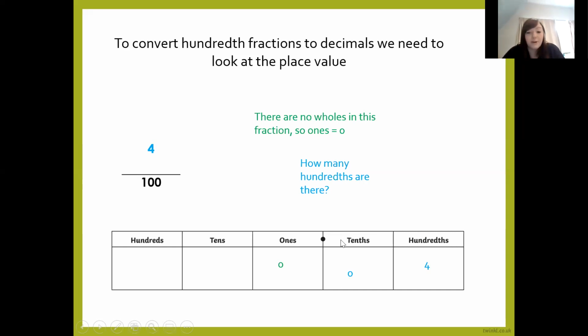There are 0 tenths, so we have to put 0 as a placeholder and then do our hundredths. So 4 hundredths is written as 4 over 100, or 0.04. We have to remember to put in our placeholder into the tenths because there are no tenths. So it's really important that we do that when we're looking at hundredths.